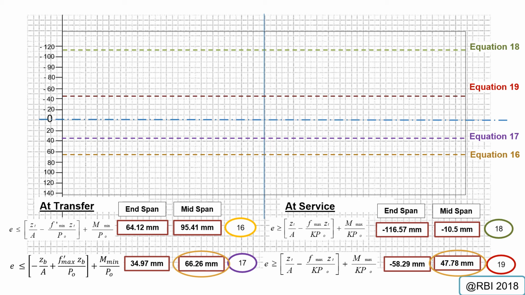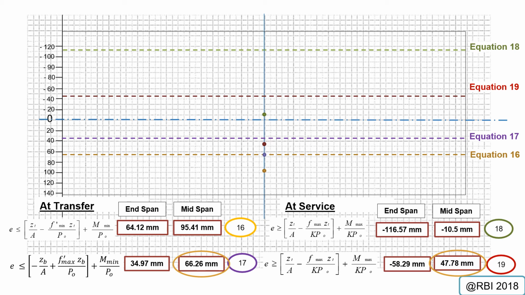For equation 18, which is the green color, I put a green dot there at the midspan. Then the red dot will be for equation 19, the purple dot will be equation 17, and the yellow dot is for equation 16.